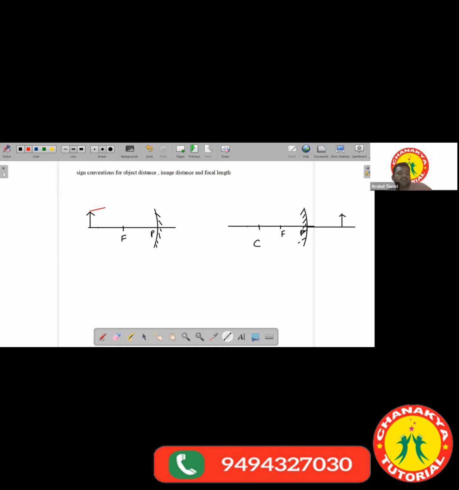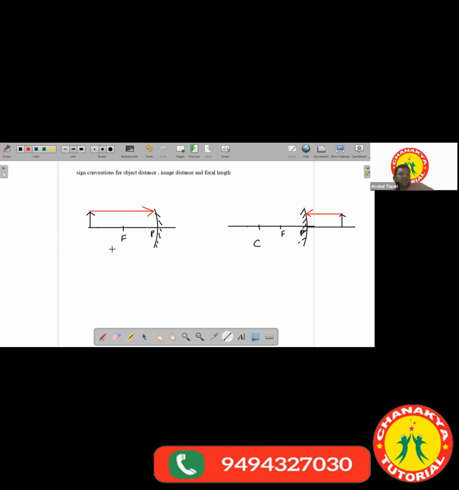Light falls on the mirror from the object like this. All the measurements that I make in the direction of this light will be positive. If I make a measurement opposite to this light, that will be negative.